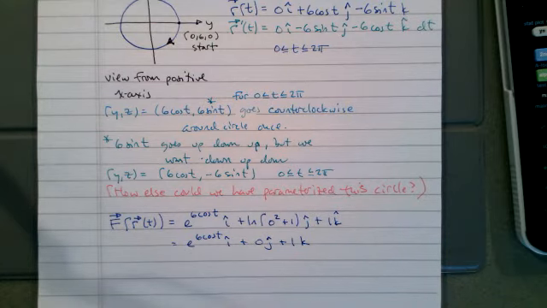In the line integral, we'll calculate the dot product of this vector and the r prime of t vector. So let's put it all together.